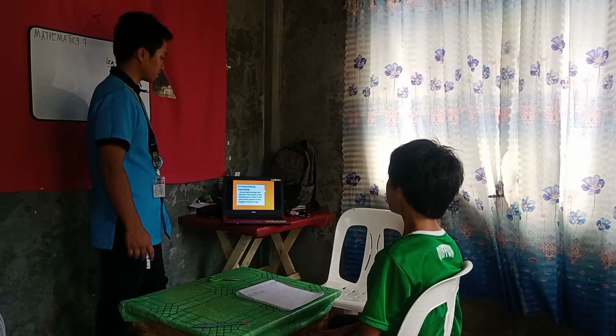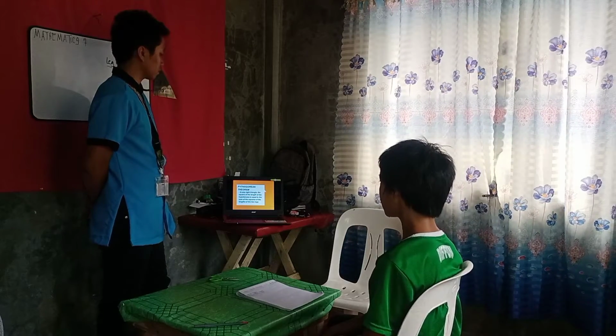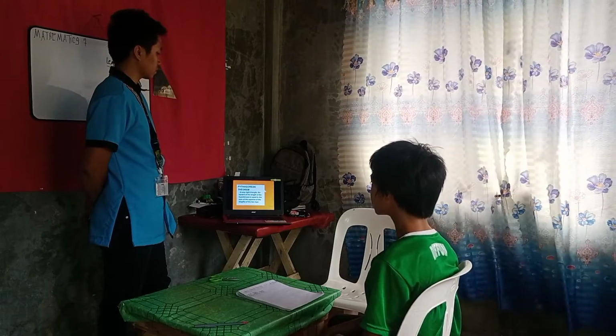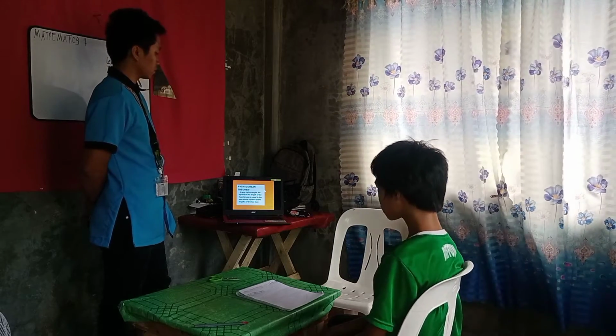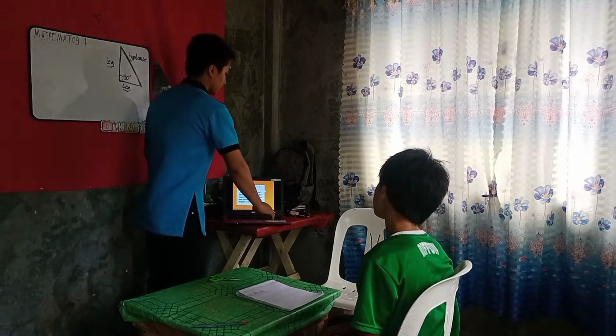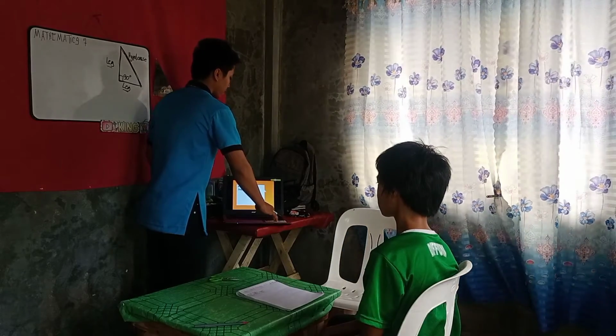Kindly read it. In any right triangle, the square of the length of the hypotenuse is equal to the sum of the squares of the lengths of the two legs. As we go further, kindly read more on where the Pythagorean Theorem came from.